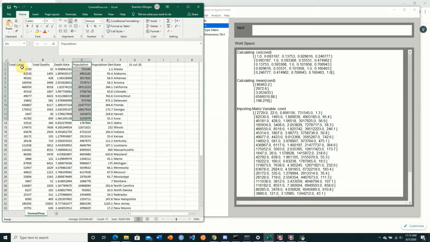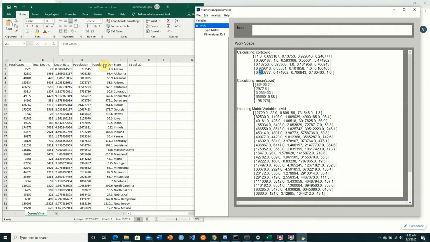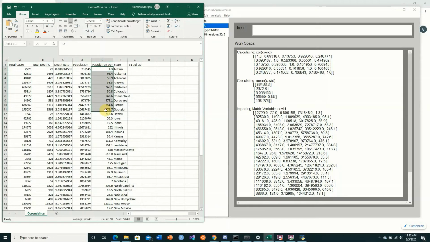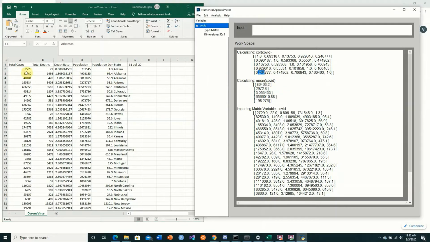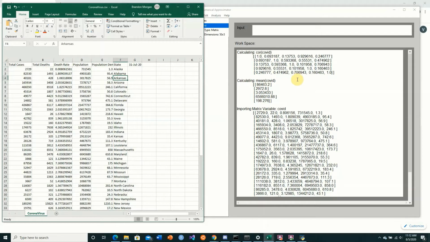So we can say that as population increases, our total number of cases is going to increase as well. And it's interesting to note that total number of cases has no correlation with population density. So this almost seems counterintuitive. With places with more population density, we would expect higher cases, but from this analysis, we can almost say that there's no correlation.